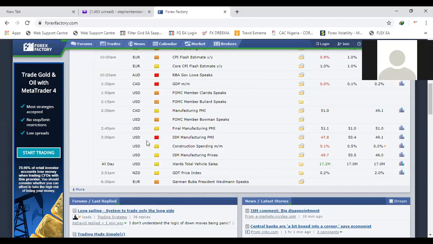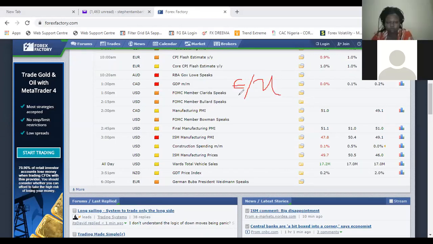It depends on whether it favors the US dollar. If it does not favor the US dollar, it will spike up, like if you have a pair like Euro USD, where Euro is up and dollar is down. So if this news does not favor the US dollar, it will just go up, and then later maybe continue or obey structure.